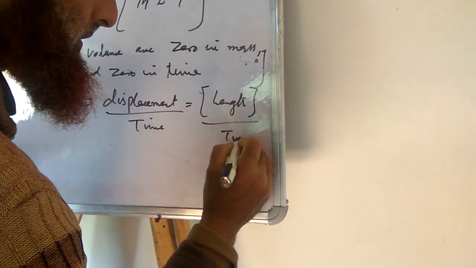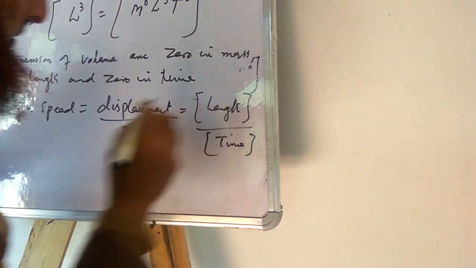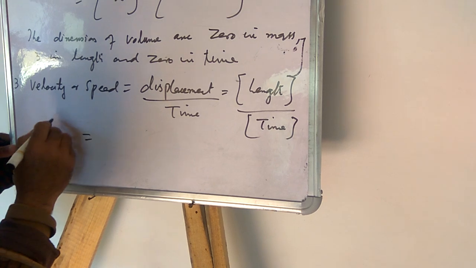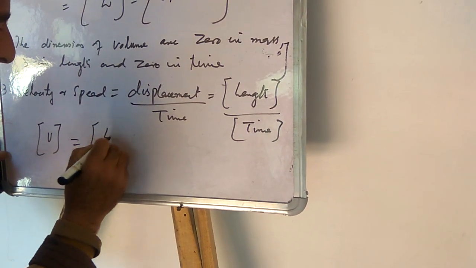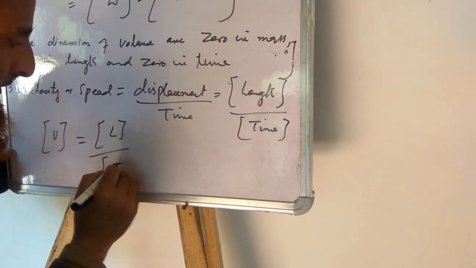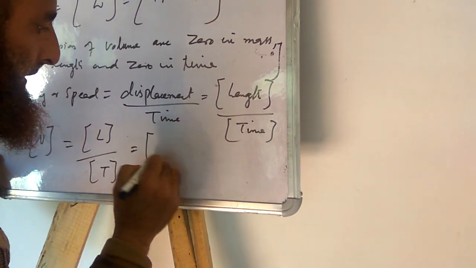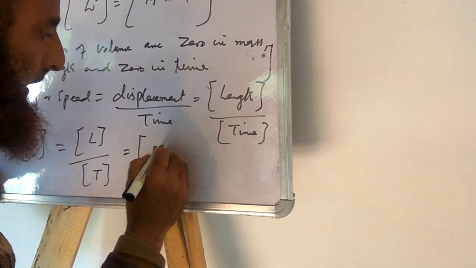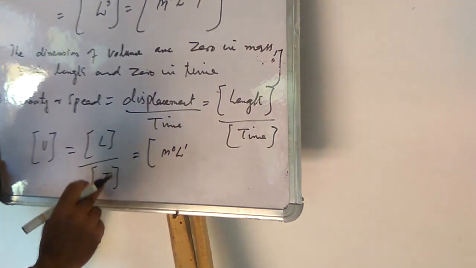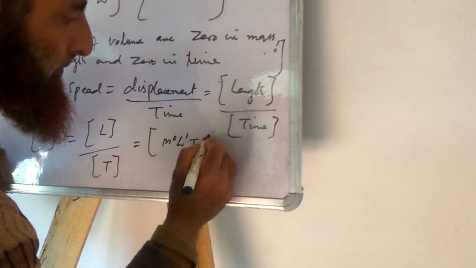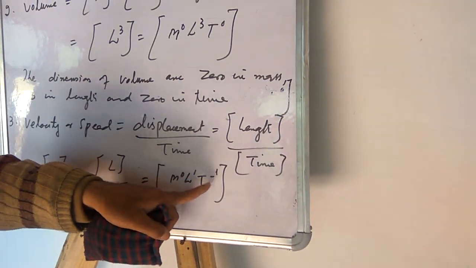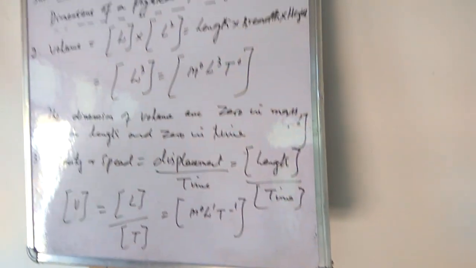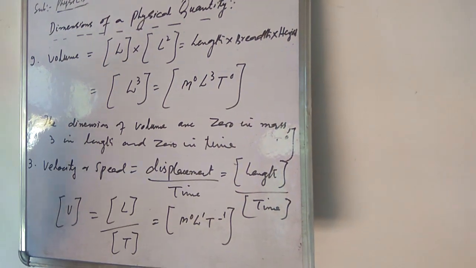So velocity is length divided by time, and we will write the dimensional formula as L divided by T, or we will write it like this. There is no mass, so M0, L1 or L, and T it is -1. So the dimensions of velocity are 0 in mass, 1 in length and -1 in time. Thank you.